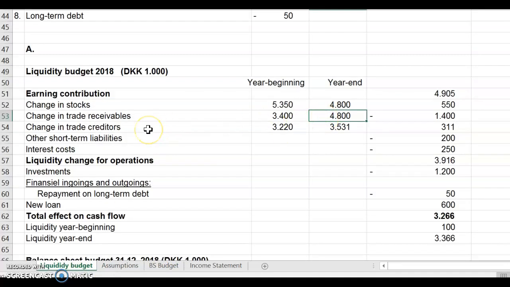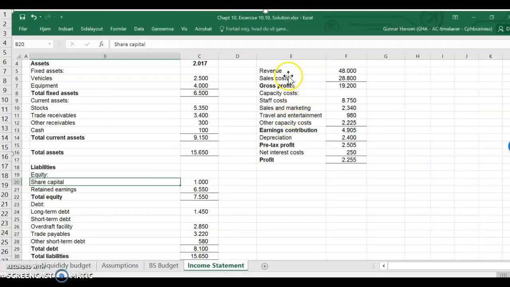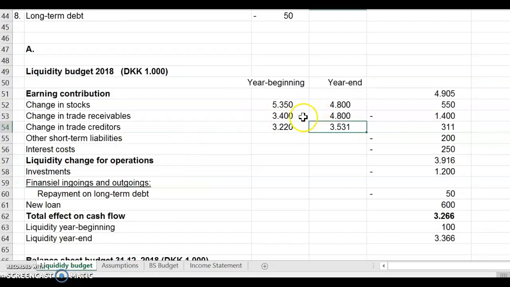And then change in trade creditors, a little bit more complicated because we have to calculate what we have purchased during the budget year. And we have purchased what we are going to use, 28,800, but minus the decrease in stock.